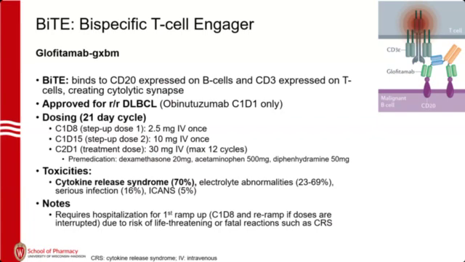This requires hospitalization for the first ramp-up dose, that day 8 dosing, and it does have a black box warning associated with cytokine release syndrome, as you've seen with all of these other bispecifics at this point. So calling this one out as a bispecific for the relapsed refractory diffuse large B-cell lymphoma section.